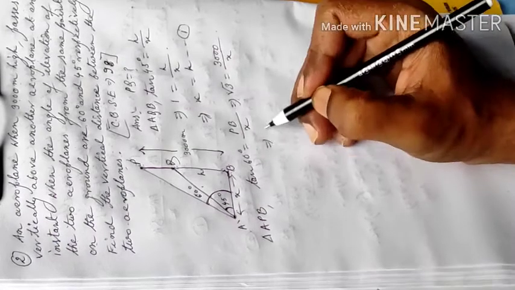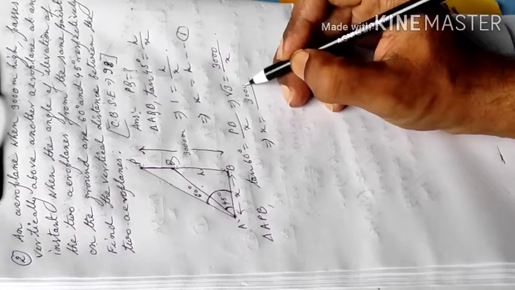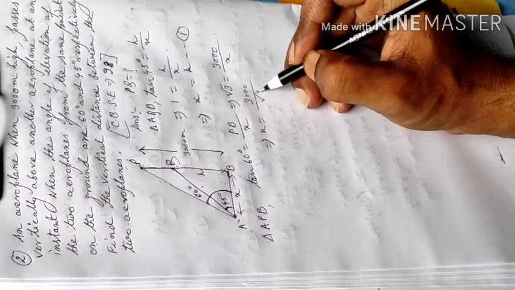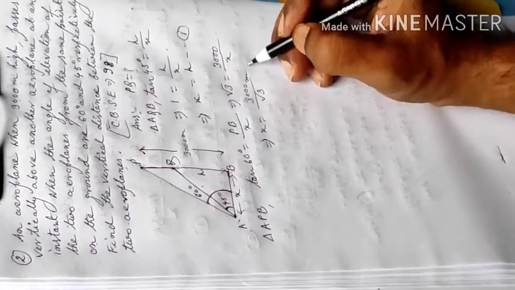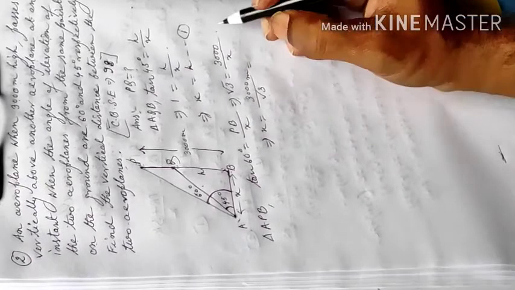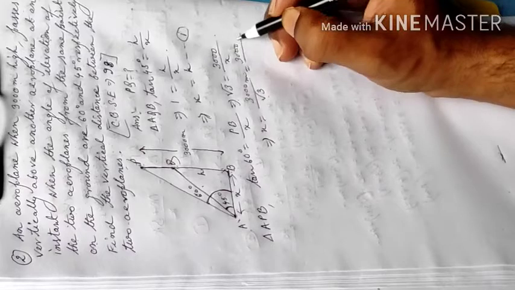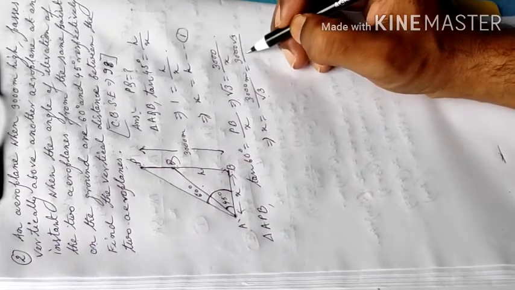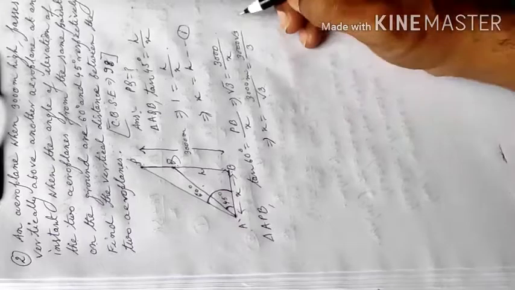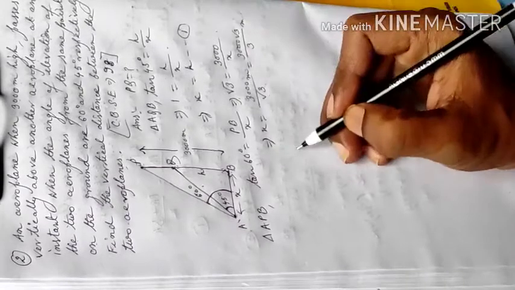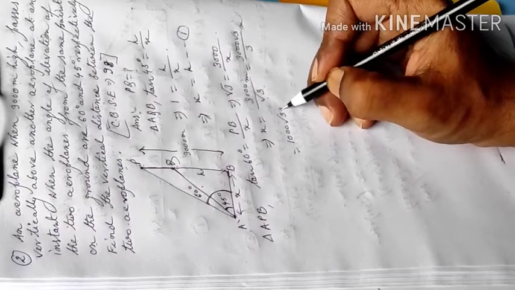or x is equal to 3000 meter by root 3, is equal to 3000 root 3 by 3, multiplying root 3 by root 3 in numerator and denominator, is equal to 1000 root 3 meter.